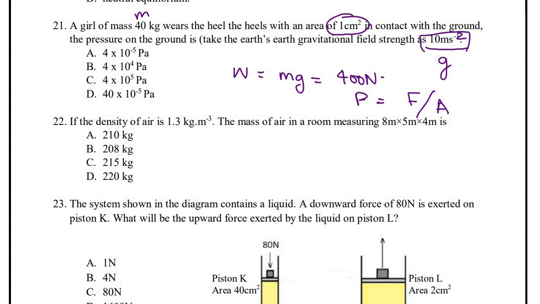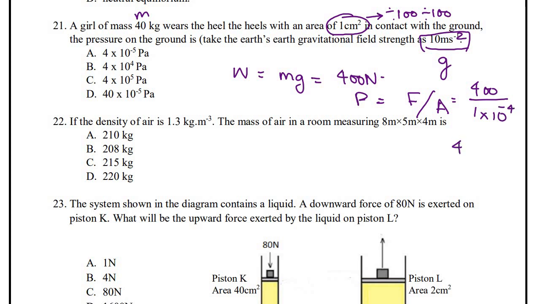So the force is 400 and the area is 1 centimeter square that we need to convert into meter square. To convert into meter square, we will divide by 100 and again divide by 100. So overall it will become 1 multiplied by 10 raised to the power minus 4.